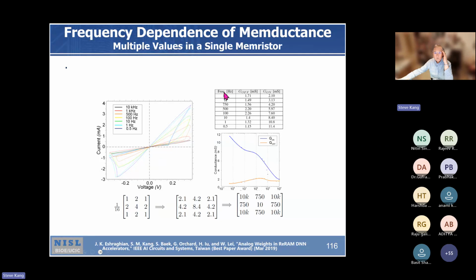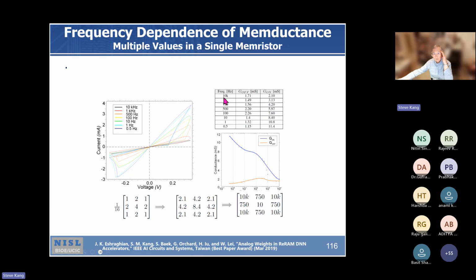So when the frequency changes, say at 0.5 hertz, the G off conductance in the off state is 1.15 millisiemens, and in the on state it is 11.4 millisiemens. At 1 hertz, it's 1.3 and 10.8. At 10 hertz, 1.4 and 8.4. At 100 hertz, 2.3 and 7.6.